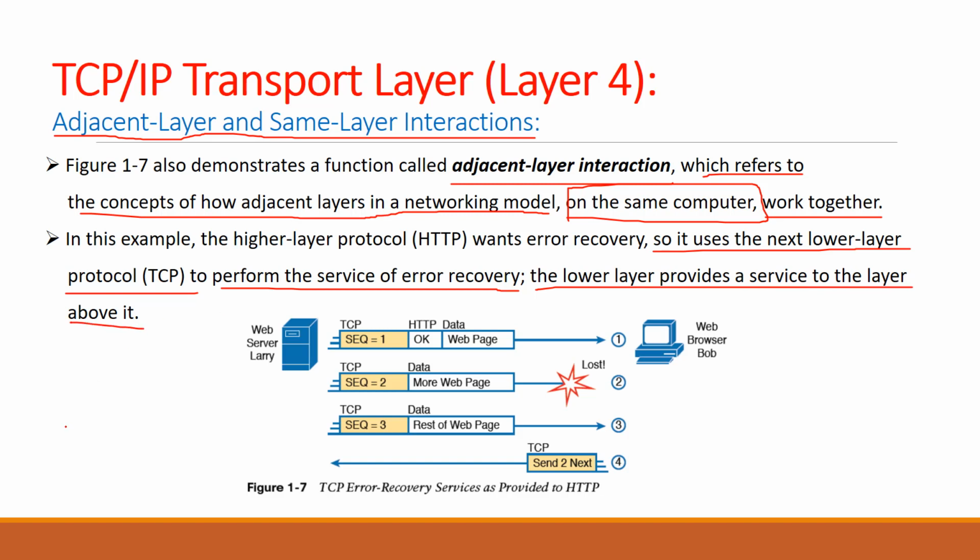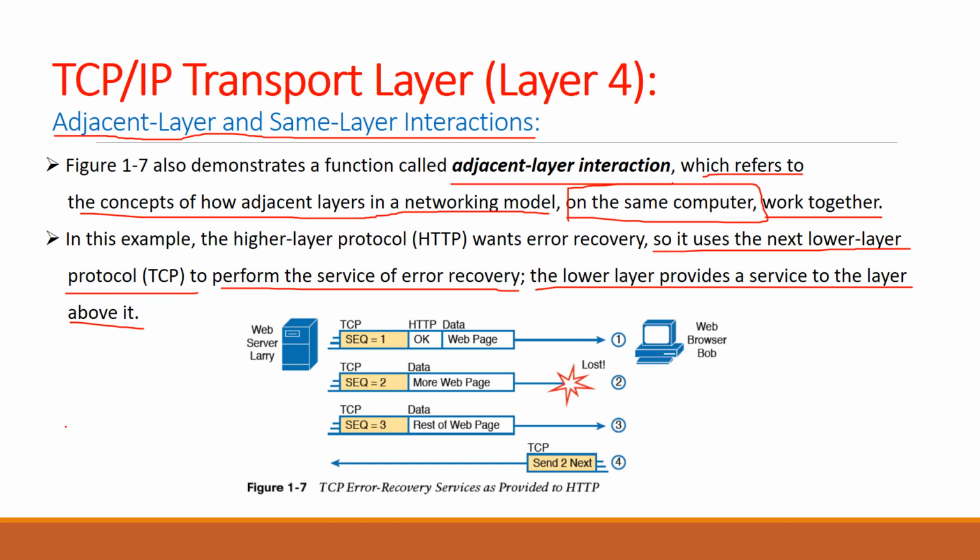It is simple: the HTTP or the application layer wants to send some data between two hosts, and hosts means a computer, mobile phone, or any device that uses TCP/IP.